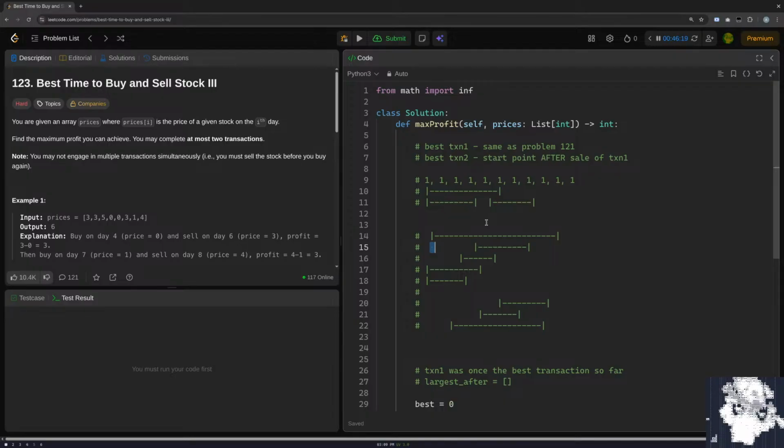No, that's not true, because you could have a big hole right here. Actually, I think that might be right.